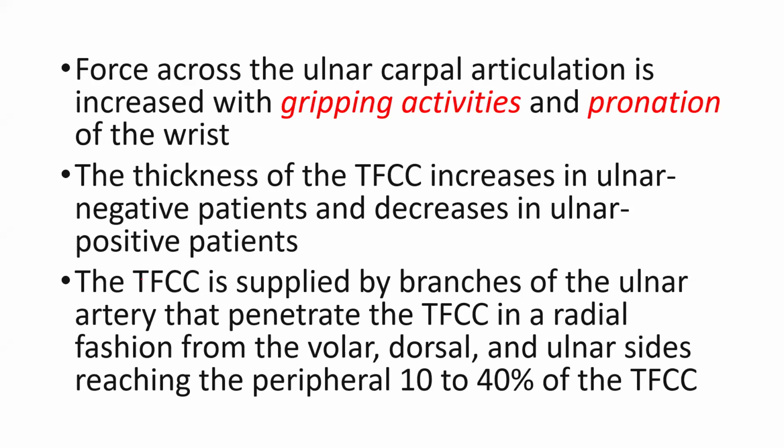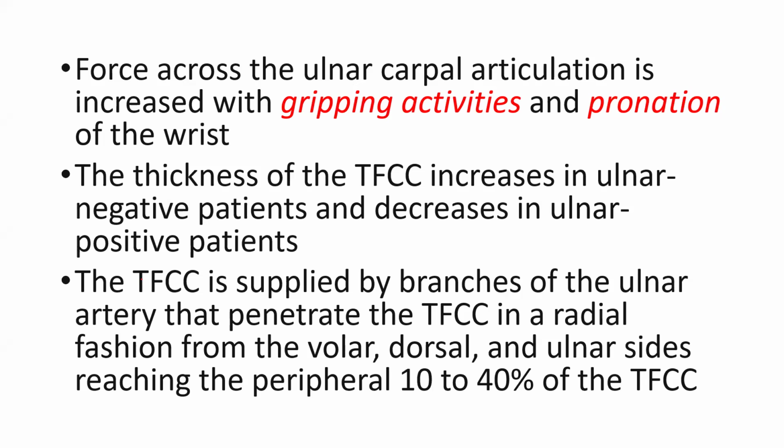The triangular fibrocartilage is supplied by branches of the ulnar artery that penetrate the triangular fibrocartilage complex in a radial fashion from volar, dorsal, and ulnar sides, reaching the peripheral 10 to 40% of the triangular fibrocartilage.